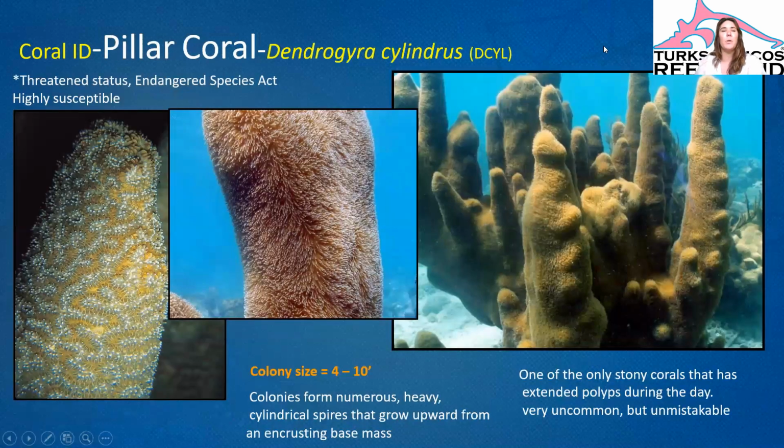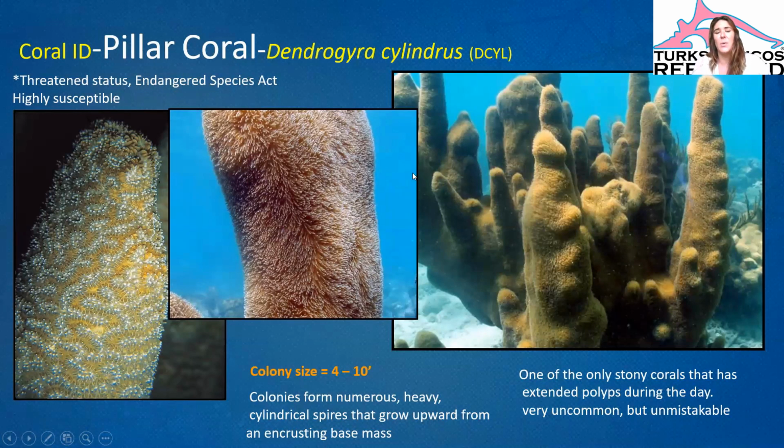The pillar coral. Pillar corals are one of the most easily identifiable ones, probably because their polyps are out during the day and they have that kind of 70s shag carpet look. They are iconic corals, and they're also on the ESA, the Endangered Species Act, with threatened status.